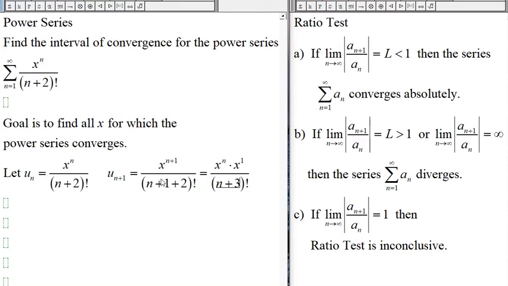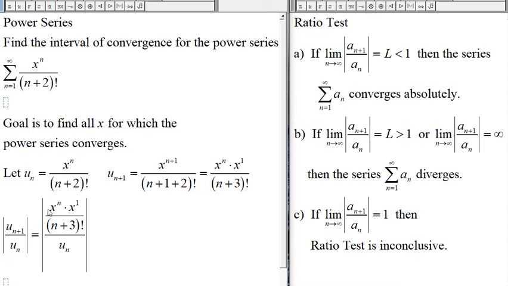And then now we need the ratio, so instead of a, now we have u. u sub n plus 1 is this, and then u sub n is this.